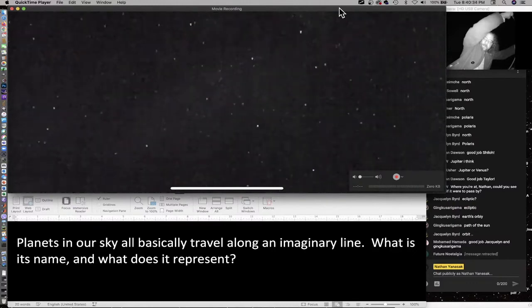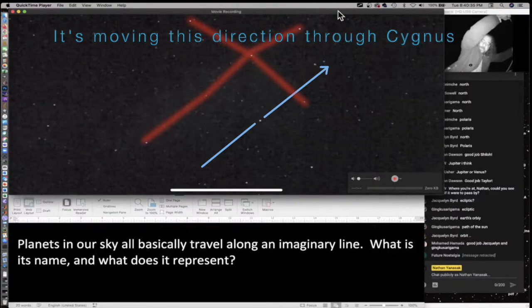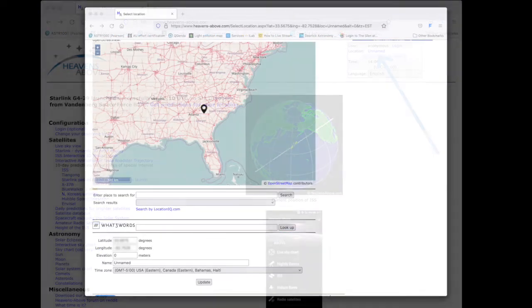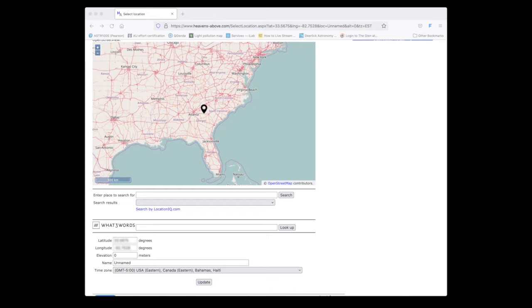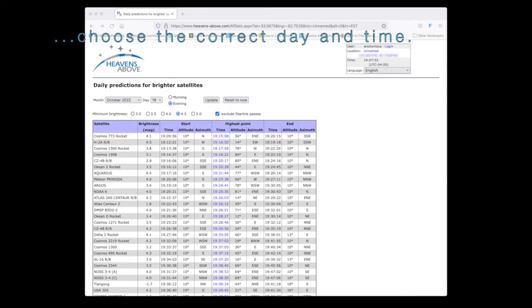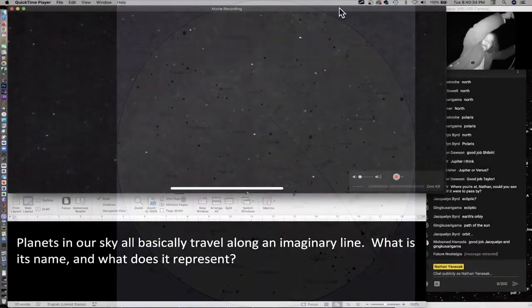Oh look, there's a satellite. Oh look, there's a satellite or something.